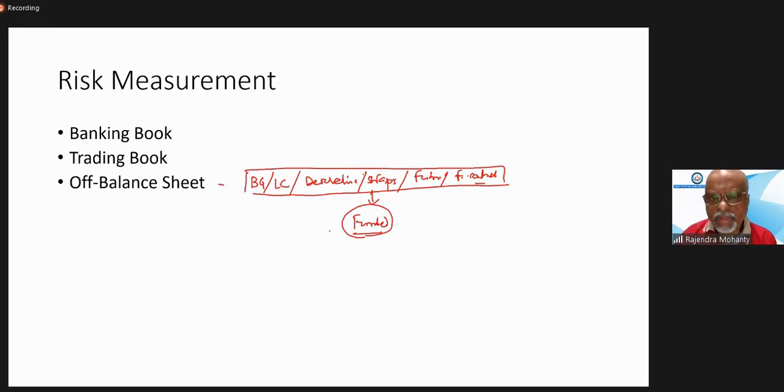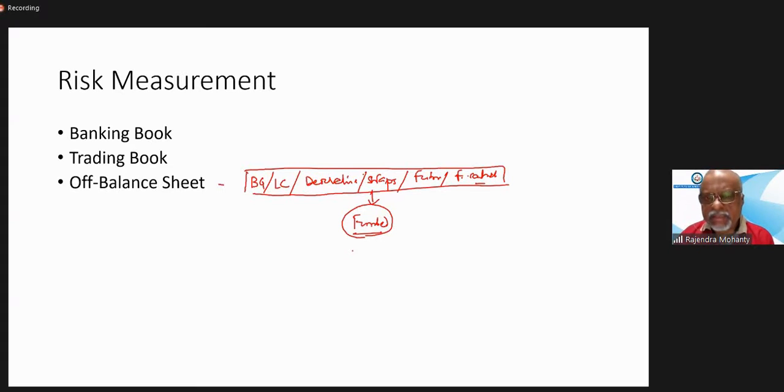And so when they become funded, they will be coming into the balance sheet. So these off-balance sheet exposures may become fund-based exposures when the commitment by the counterparty is not fulfilled.